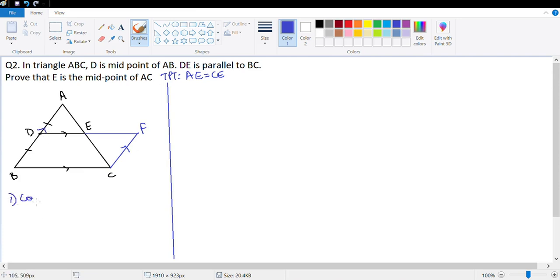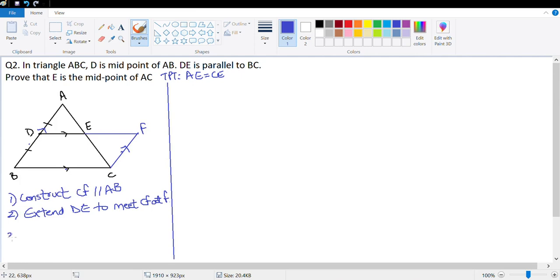Number 1, construct CF parallel to AB, and number 2, extend DE to meet CF at point F. Perfect. Now we know that in this BCFD, DE is parallel to BC and BD is parallel to FC, which means that BCFD is a parallelogram.